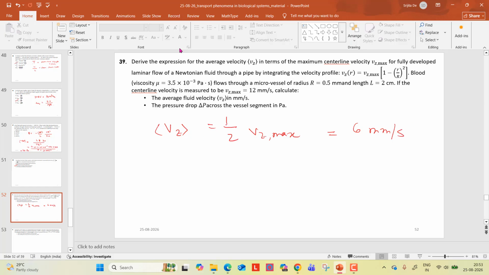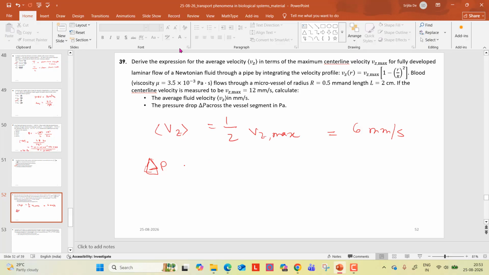Next question, the pressure drop across the vessel in Pascal. So the pressure drop we have calculated from the Vz max expression. Also we can do it.